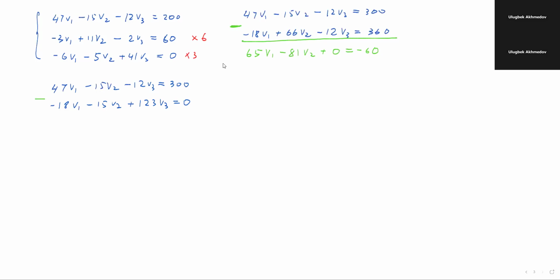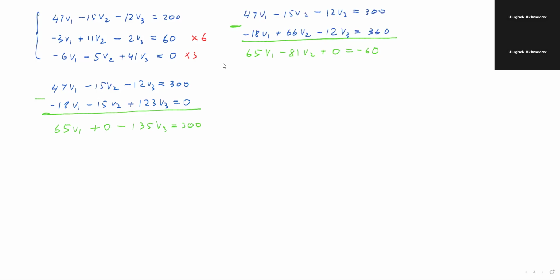We subtract, and we're going to end up with the following. 47 minus negative 18, it's going to be 65V1. 15V2 disappears, so I'm going to put 0 here. Negative 12 minus 123 will be negative 135V3 equals 100.